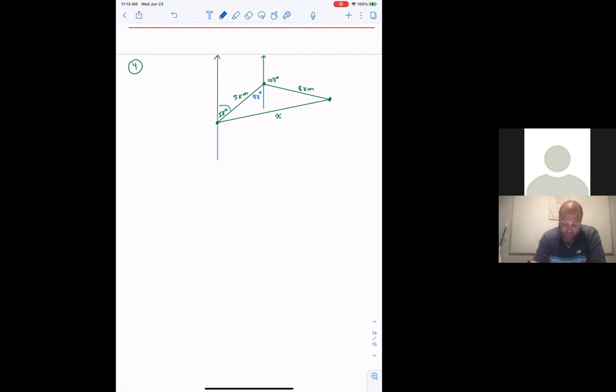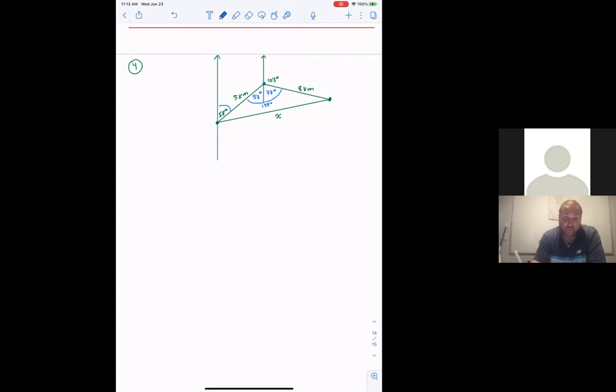On the other side, we have 103 degrees, which means we have 77 degrees. If you take 58 plus 77, that tells you that this whole angle here is 135 degrees.